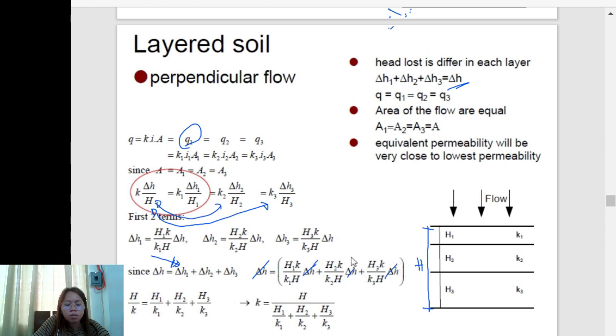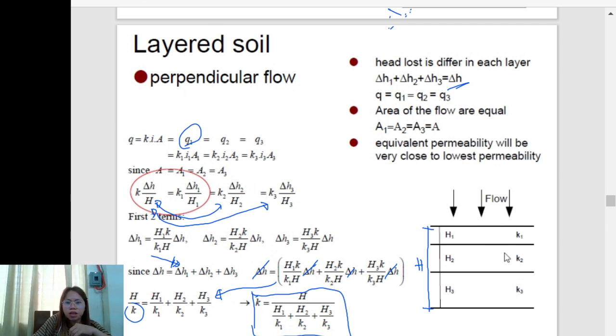Then this remains, right? 1 or H over K, this is what remains. In terms of K, it becomes like this. So, this is your final relationship to get the value of the average K for perpendicular flow.